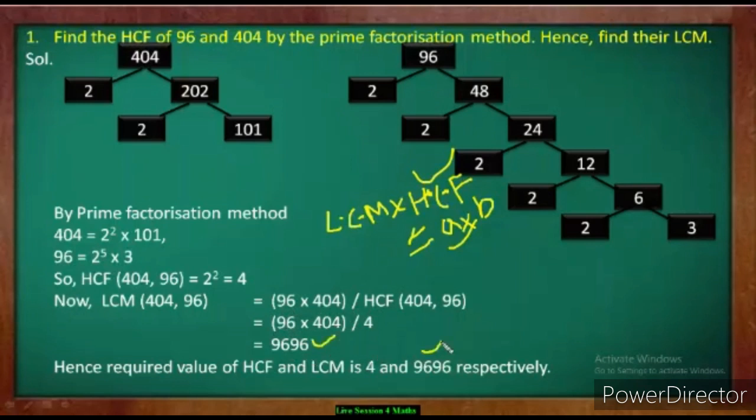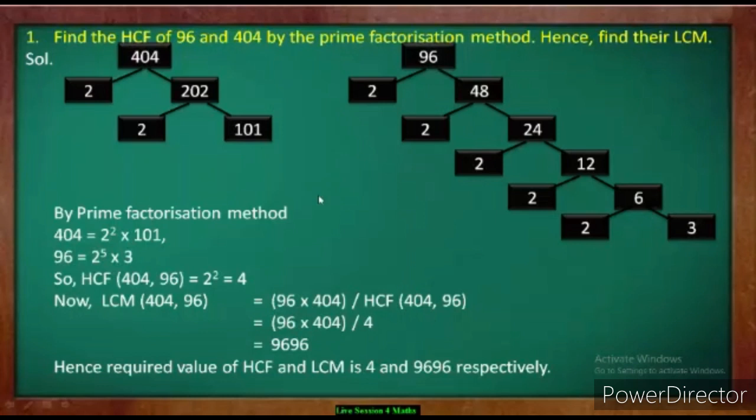Okay. One very important conclusion here I want to mention, my dear. Listen to me. This LCM, this is the LCM 9696. This LCM is always divisible by the HCF. Completely divisible. HCF is also a factor of LCM because HCF is the highest factor and LCM is the multiple.